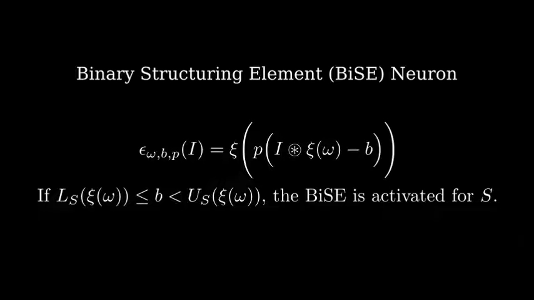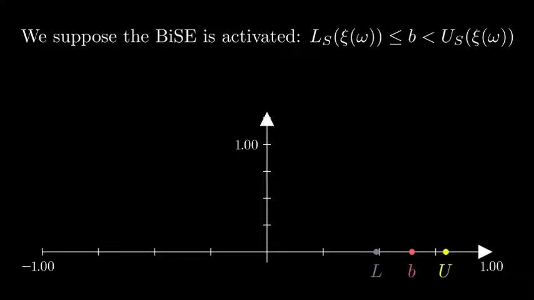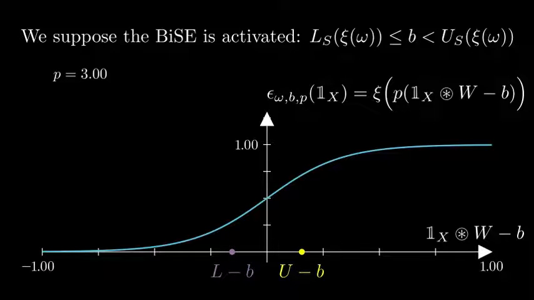Finally, if the inequalities of the equivalence are respected, we say that the B's is activated for S and for the corresponding operation. And then we can say that the B's has actually learned the structuring element S as well as the operation. We suppose the B's is activated and we place the bounds on the graph. Then we analyze the B's output depending on the convolution.